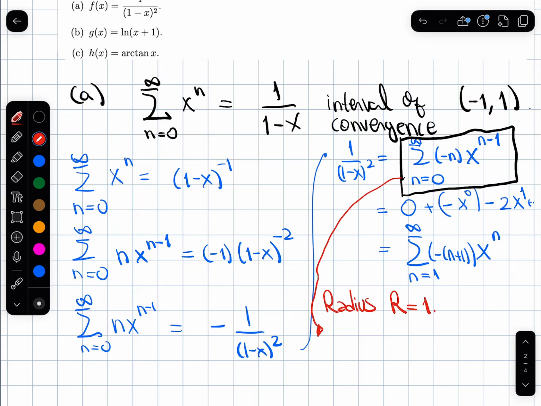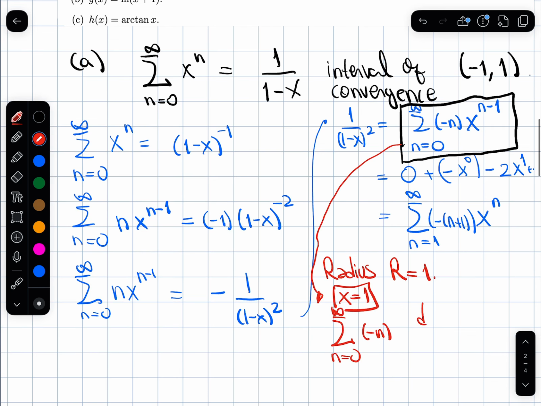It's simple enough. If x equals 1, this is not going to converge, because you're just going to get this, and this diverges by the test for divergence.